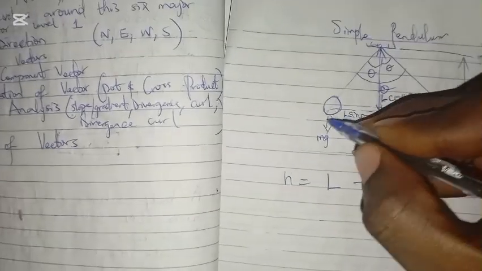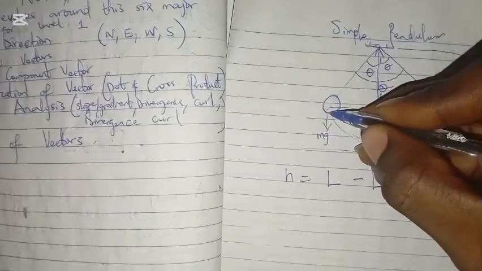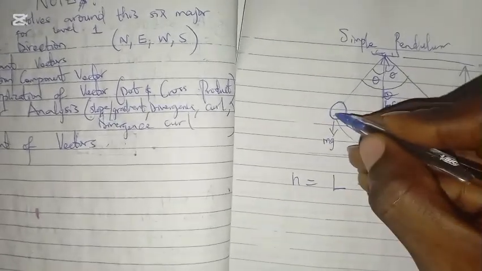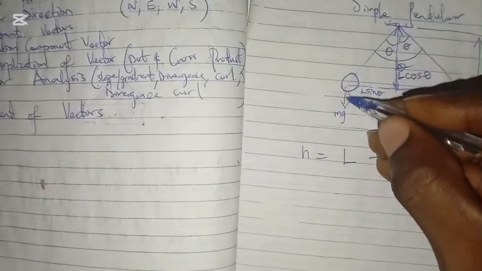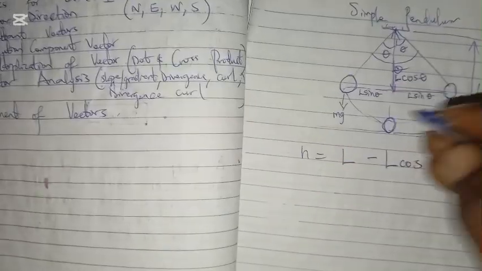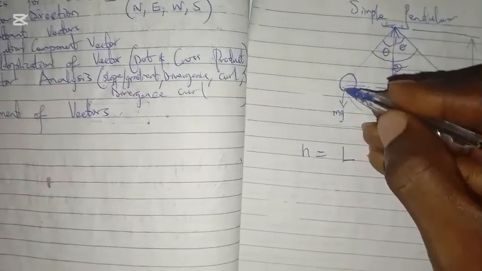If this particular thing is swinging this way, notice that at this point it is on the horizontal axis, so that is the center.